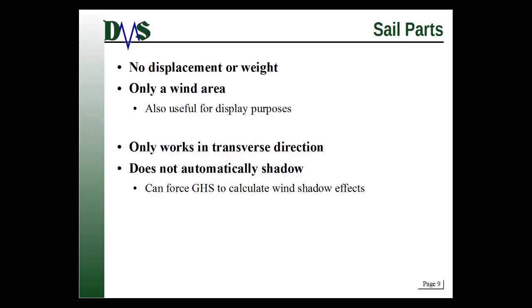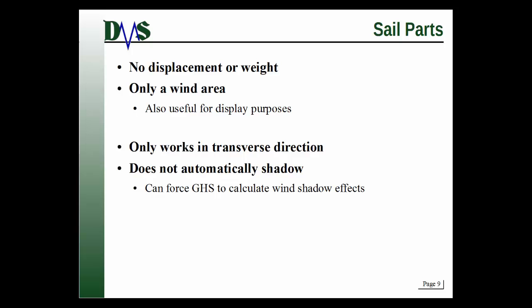So if you've got, for example, a part with 1 square meter of area and another part in front of it with 2 square meters of area, GHS still thinks your total wind area is 3 square meters. It just adds the two together, unless you specifically force GHS to calculate wind shadow effects. And we'll show you later how you can do that.